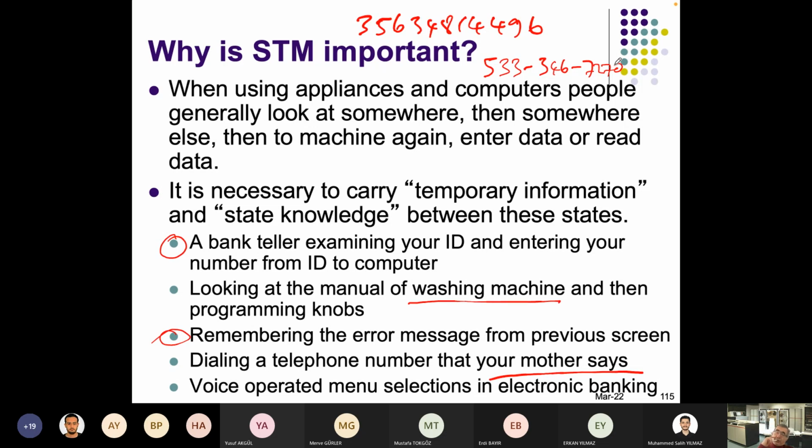So for national ID numbers, unfortunately, they didn't make a division. In the United States and in the UK, they have divisions for the national ID numbers. So when you are saying your national ID number, it is like a phone number with chunks, so it is easier to remember.